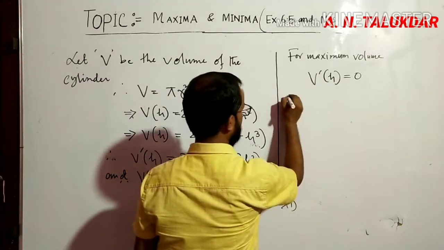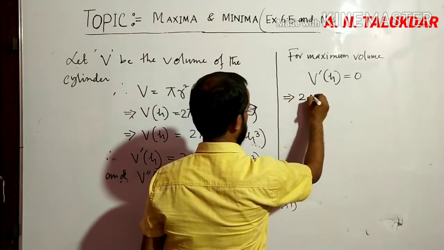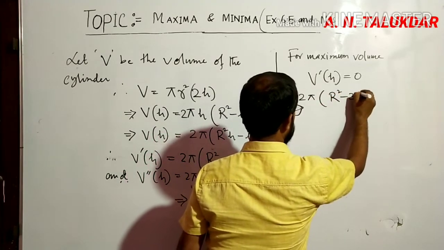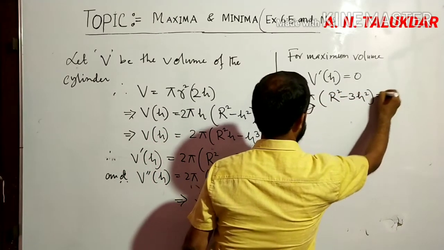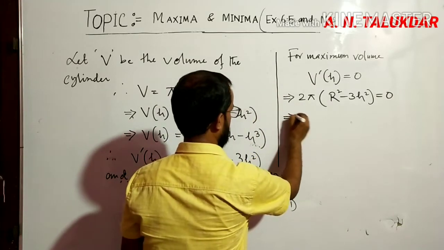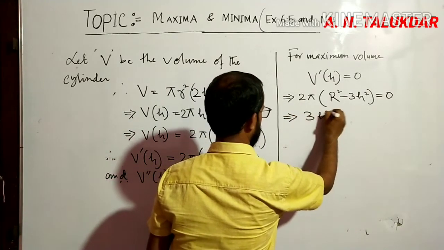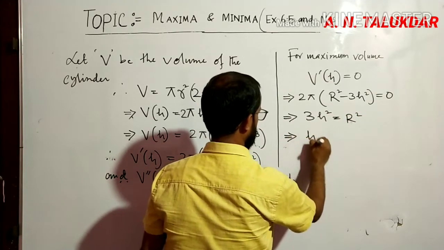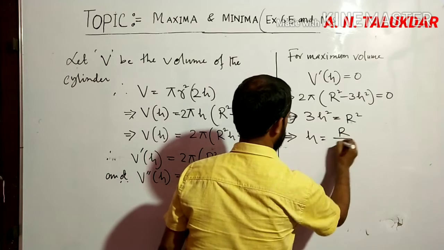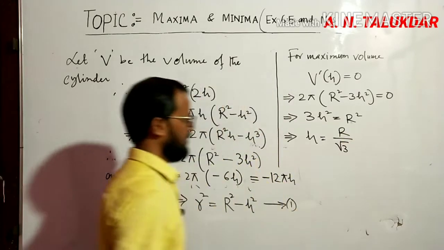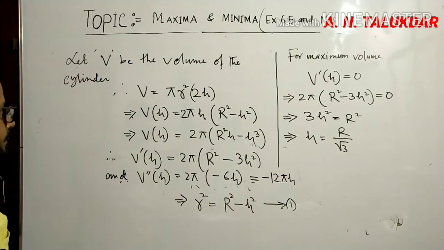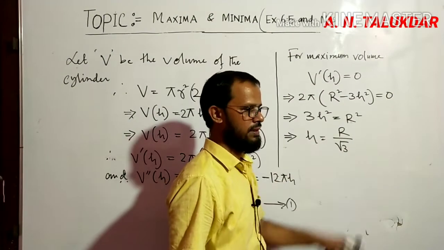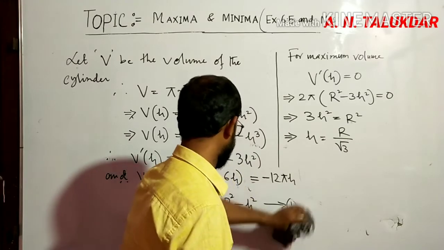This is 2 pi into (R squared minus 3h squared) equal to 0. So from here 3h squared equal to R squared, and finally h equal to R by root 3. This is your critical point. At the point h equal to R by root 3, you have to test the second order derivative.